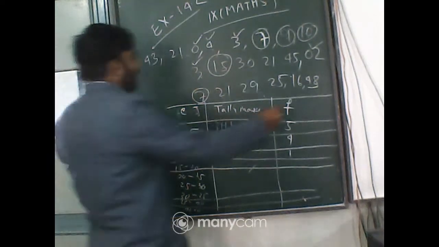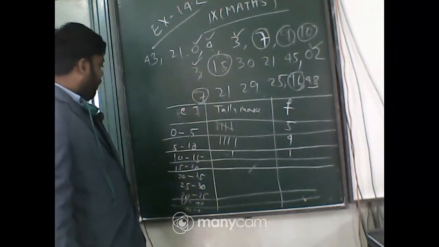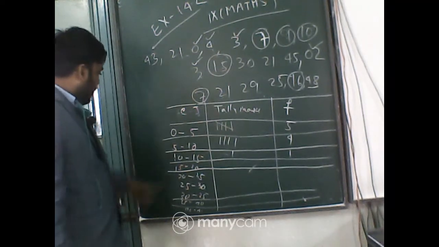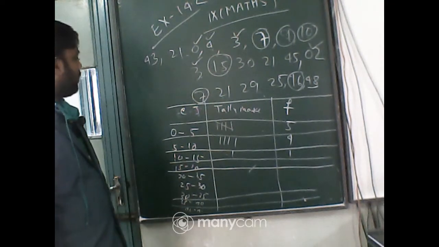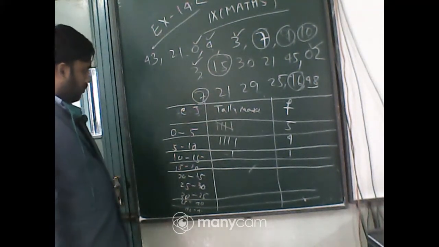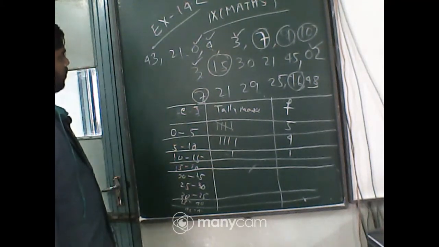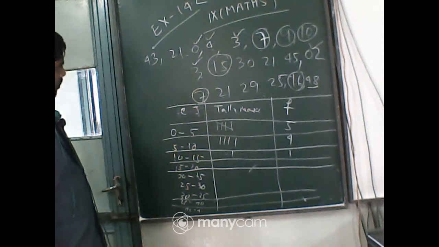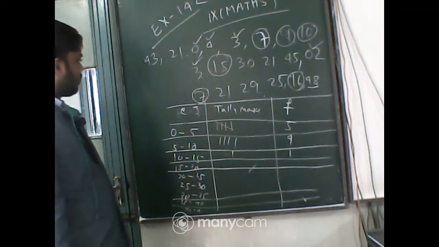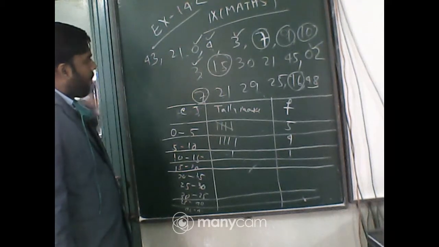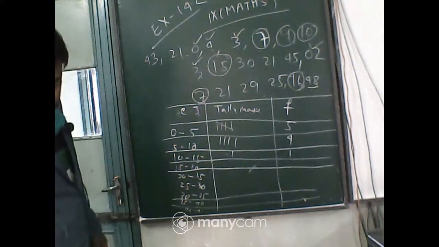You have to put the number 16 in that interval, 15 to 20. Only one number for this interval also. Okay, so only one.